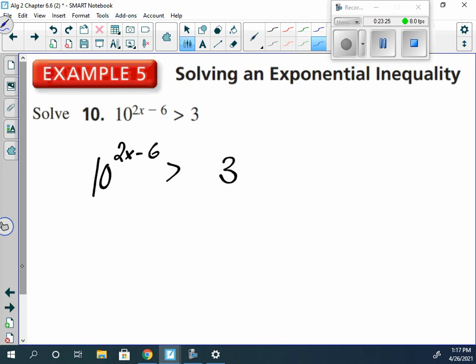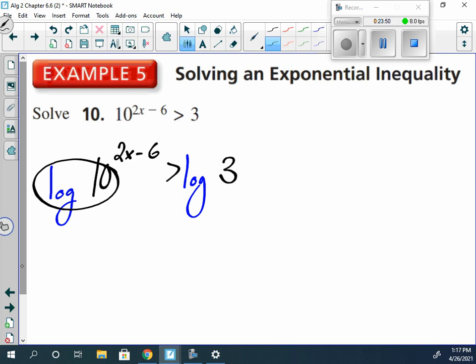So what would we use for this here? Log base 10, or we can just write it as log. Because if we don't have a base written, it is understood to be 10. The reason we use log base 10 is because log base 10 of 10, or log of 10, is 1.